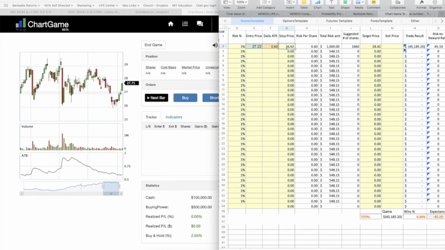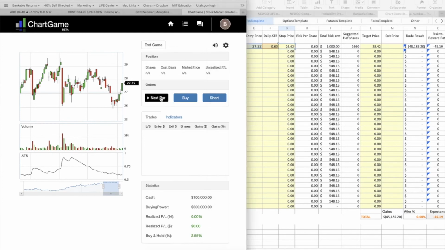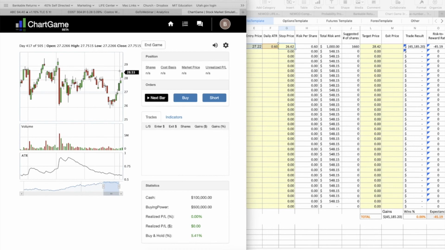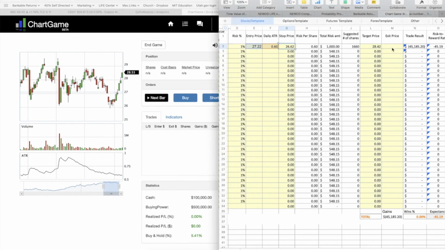Means we're going to get out at a loss if it goes down to 26.62, or we're going to get out with a gain if it goes up to 28.44. The high for this day was 28.19, so that trade is a 28.42 target not hit yet.